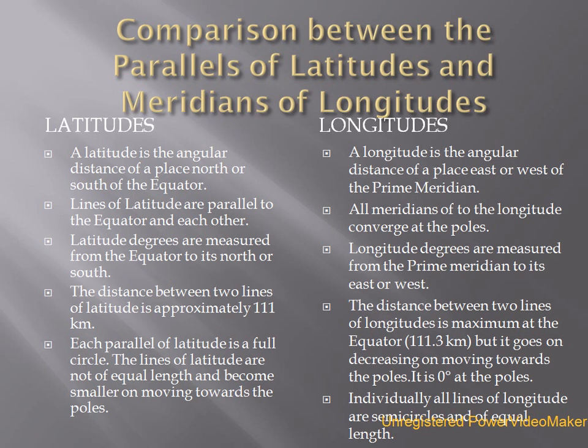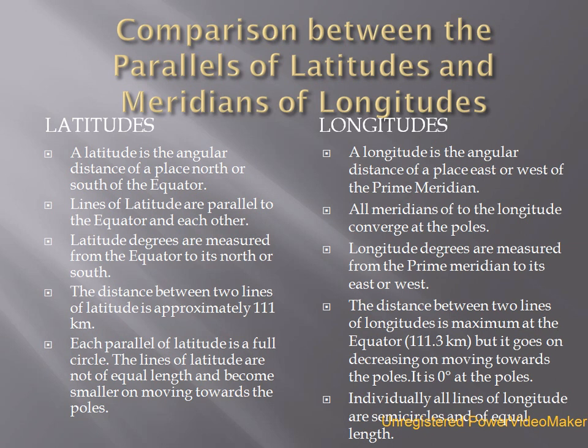The distance between two lines of longitudes is maximum at the equator, which is 111.3 kilometers, but it goes on decreasing on moving towards pole. It is 0 at pole. This means that when we move towards the pole from the equator, the distance between two longitudes starts decreasing. It could be North Pole or South Pole.